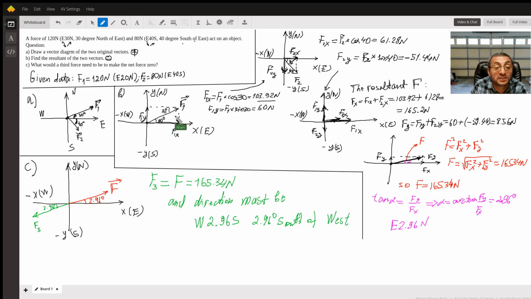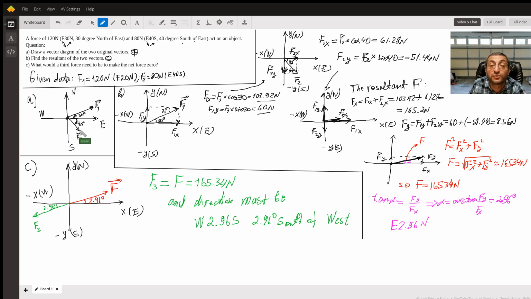From this right angle triangle, we can easily find the F1 x component: F1x equals F1 multiplied by cosine 30 degrees, which equals 103.92 newtons. Accordingly, from this right angle triangle, the F1y component of the F1 force, we will find that it equals 60 newtons.